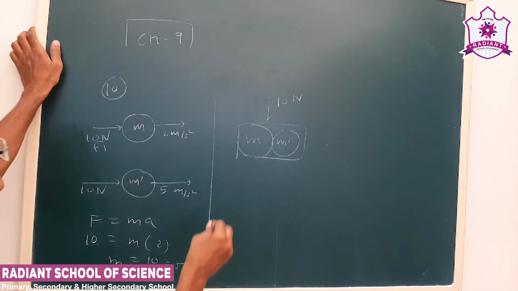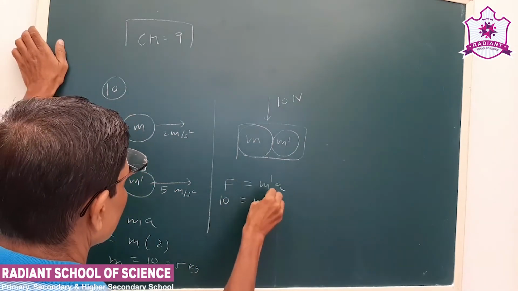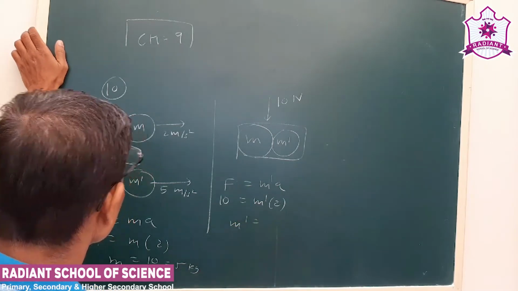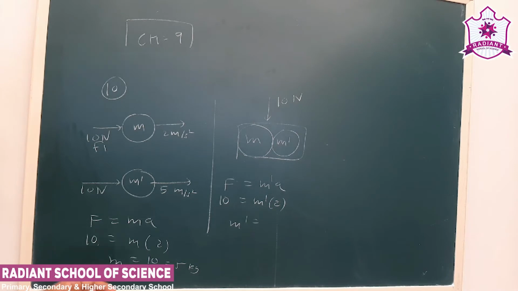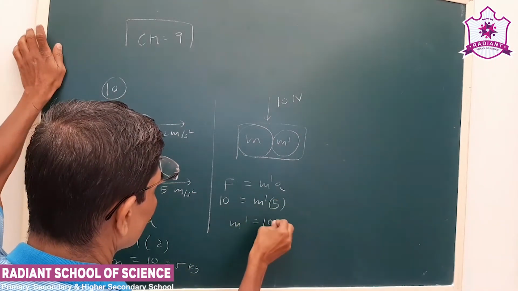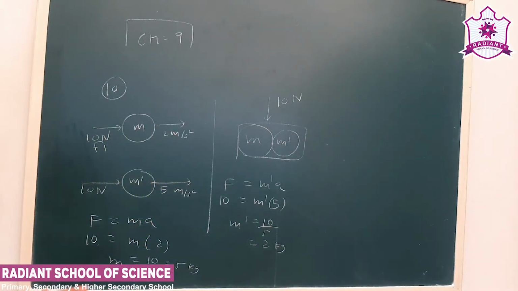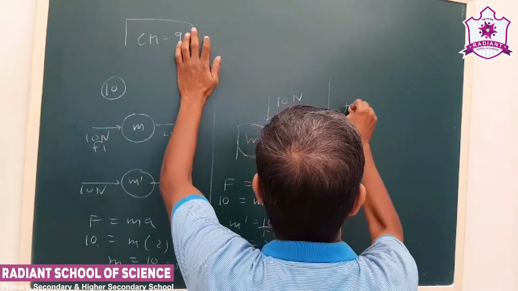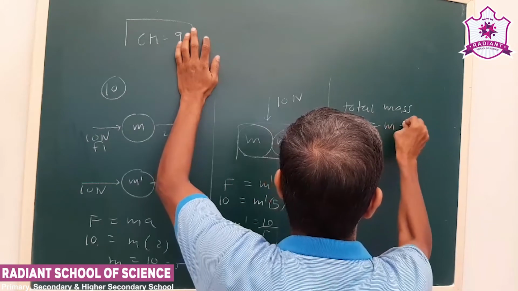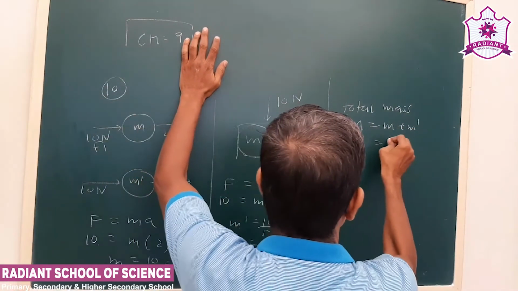Similarly, F is equal to m dash a, 10, a is 5, so 10 upon 5, m dash is 2. Now see what is the total mass. We take m plus m dash, that is 5 plus 2.